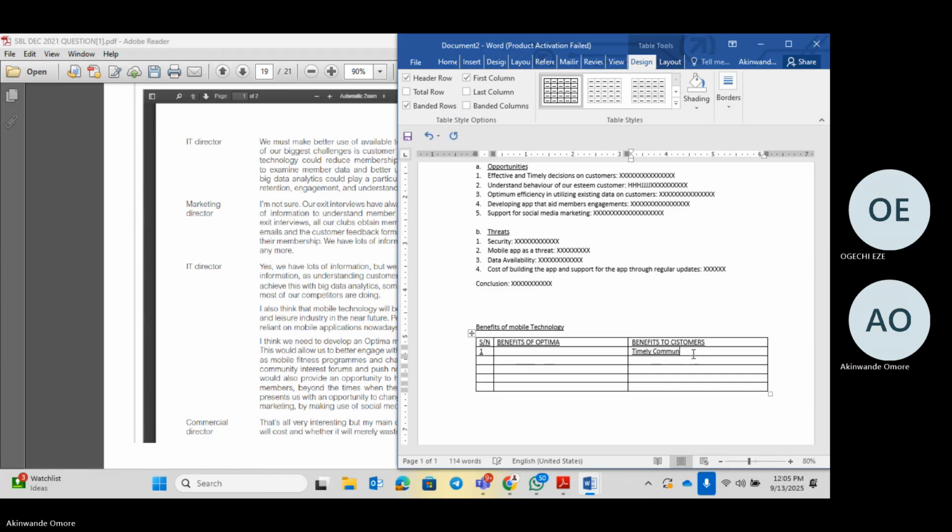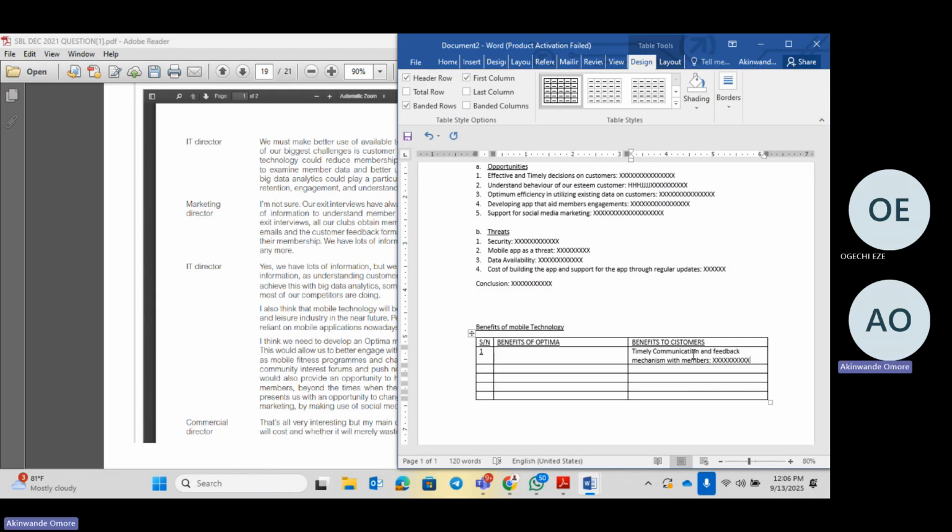Timely communication and feedback mechanism with members. You need to explain briefly. You get it?